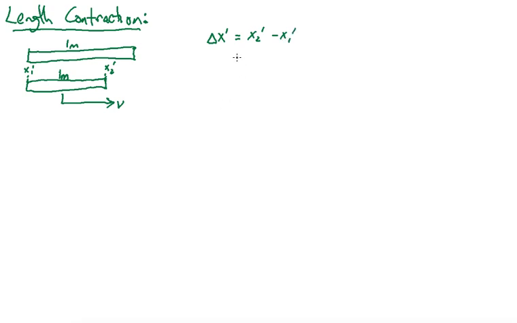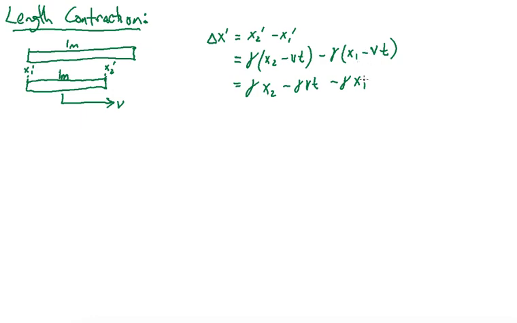And then if we were looking for that, we would say, all right, well, x2 prime from our Lorentz equations is gamma times (x2 minus vt), and x1 prime is gamma times (x1 minus vt), and we can distribute the gamma: gamma x2 minus gamma vt minus gamma x1.